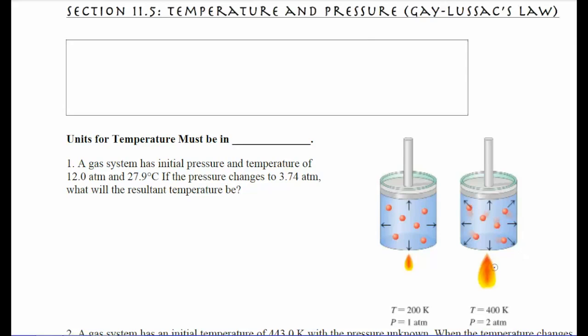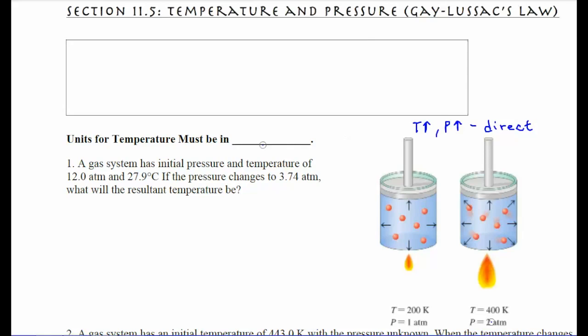Notice, just as before, if I increase my temperature from 200 Kelvin to 400 Kelvin, the pressure in the container doubles as well. I'm not changing volume, I'm keeping volume constant. That tells us that when temperature increases, pressure increases as well. So that is a direct relationship.